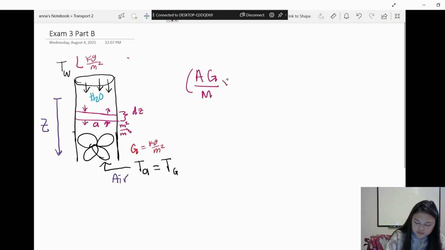If we multiply this by the mole fraction, and then take the derivative with respect to distance, we will be able to look at the number of moles of water passing through this cross-section. We want to see how this changes and what causes this change.